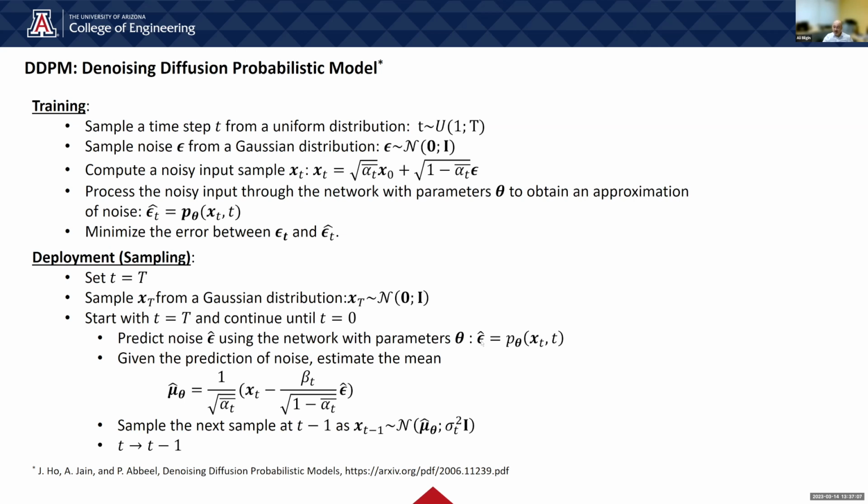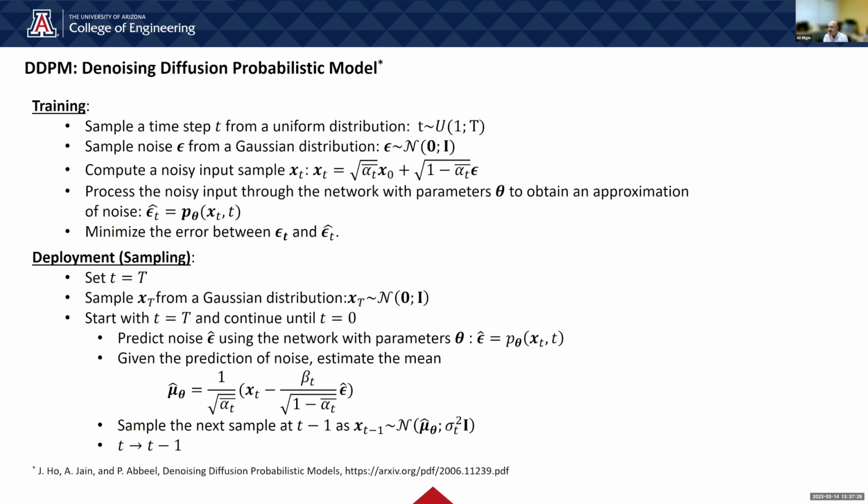And then given that noise prediction, you form a prediction for the mean for the previous stage. And then once you have that mean, you generate another sample, decrement your step, and repeat. This is how practically this is done.